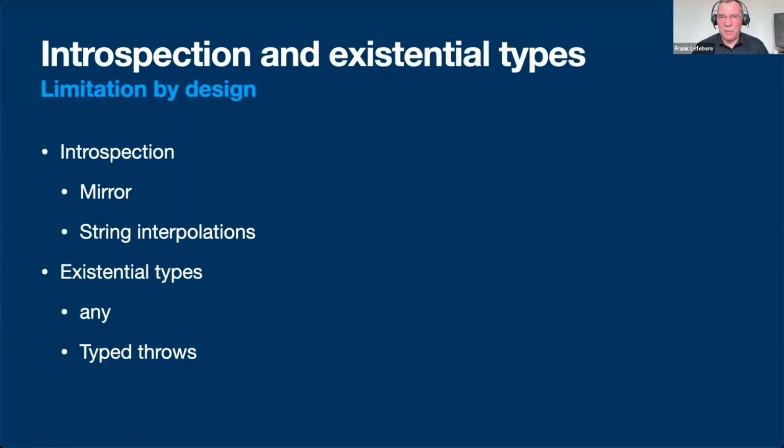Yes, I was talking about existential types. The limitation about existential types means that you cannot use the any keyword except in some rare cases. For example, if you define a protocol, you cannot have an array of elements conforming to that protocol unless the protocol inherits from AnyObject.